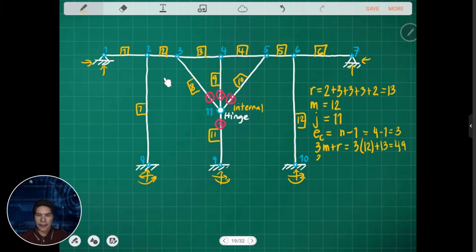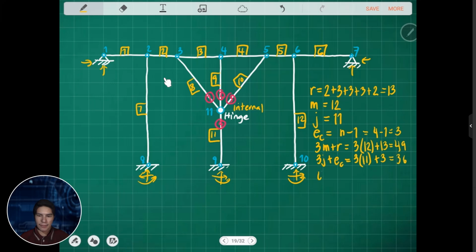And then the 3 joints plus conditional equation, so we have 3 times 11 plus 3, so we have 36.